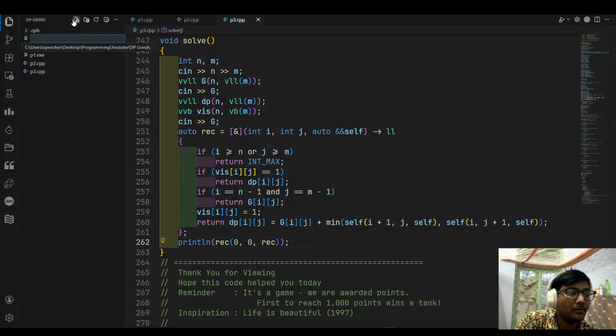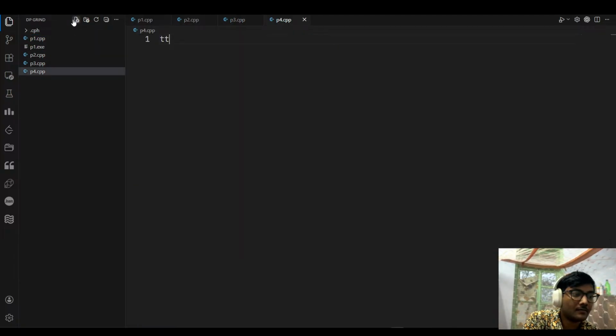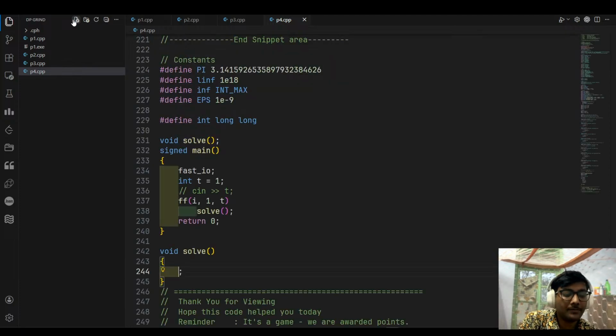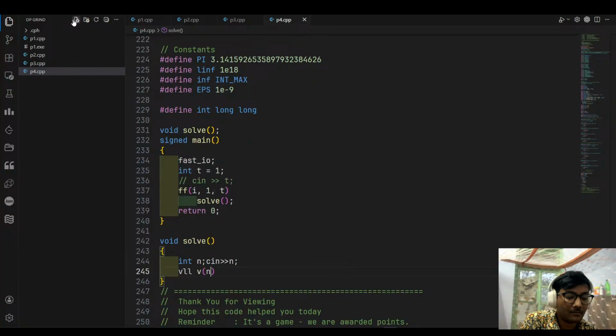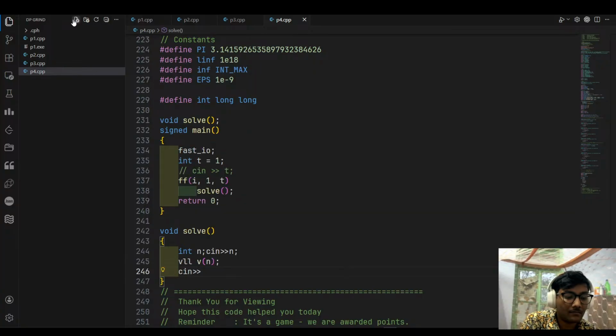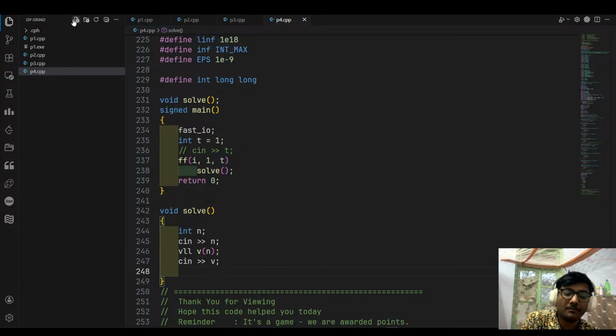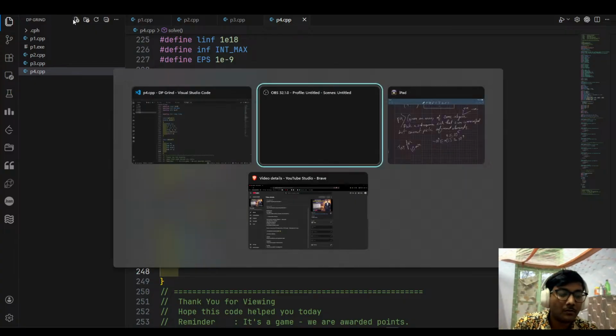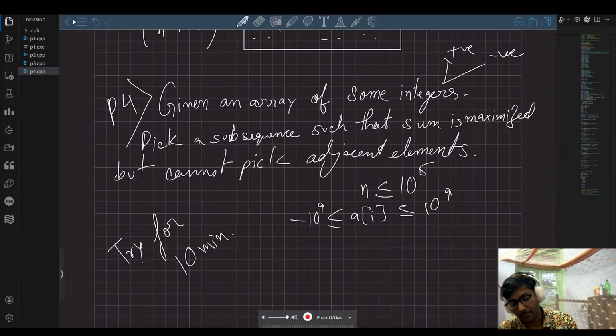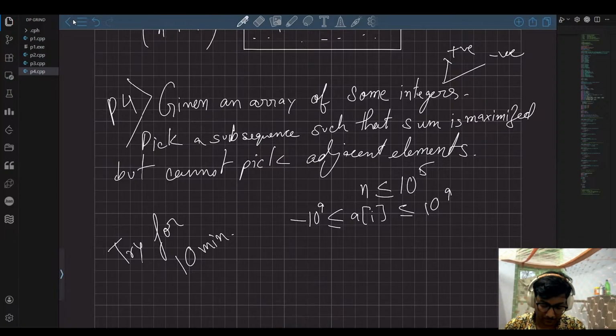So let's go back to the picture. So P4. So first we have an array. Now I want the maximum sum and I cannot pick adjacent elements. Now we will try to define our problem in four different ways.